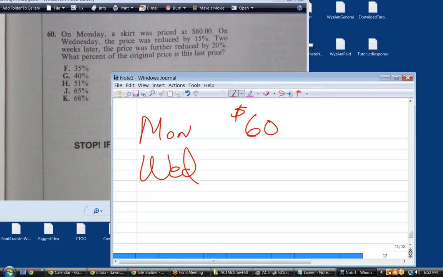If you go into a store tomorrow and you want to buy a dress that's $100 and they say we're going to reduce it by 15%, what's the price of the dress going to be? 400? I don't think that's right. Okay, you've got a $100 dress that's being reduced by 15%.